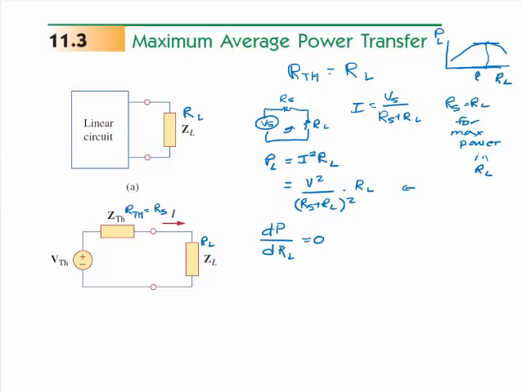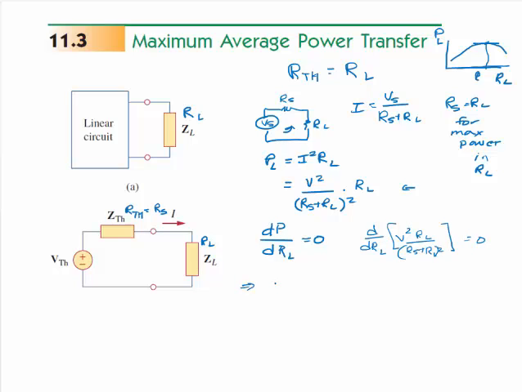I'm going to change my pen a little bit because it's too thick. So we have to find d/dRL of V squared RL divided by Rs plus RL squared, and set that equal to 0.